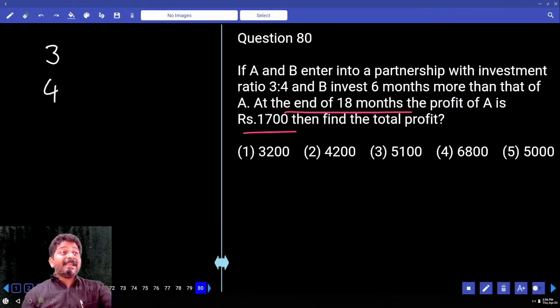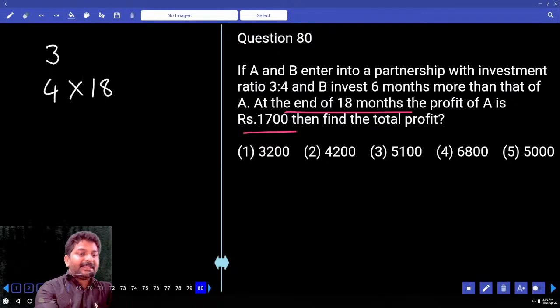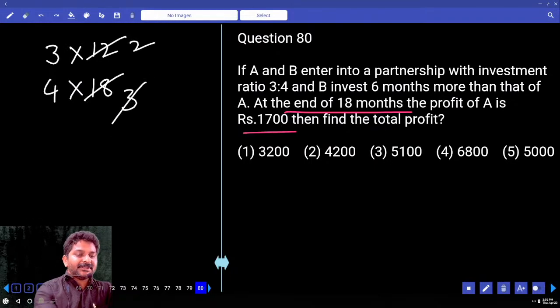That means 18 months is the time duration for B, because B is there from the beginning till the end. If B's time period is 18, A spent 6 months less than that, which is 12. 3 times 12 and 4 times 18: 6 twos, 6 threes, 3 gets cancelled. That means ratio 1:2.